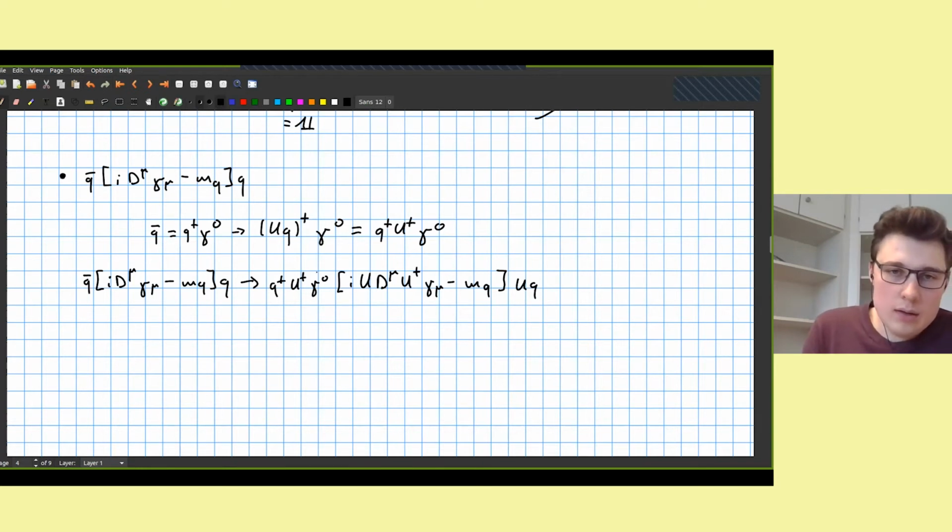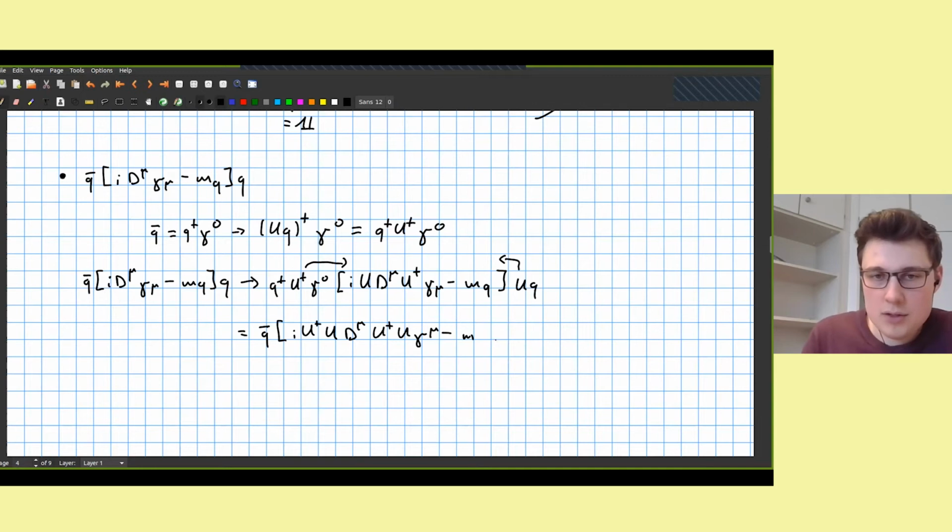Well, let's multiply both U dagger from the left and U from the right into this bracket so that we get a Q bar again on the left hand side. Then we have a U dagger U D mu U dagger U gamma mu minus MQ. Again, MQ commutes with everything because it's just a number. So we can write these two matrices together.